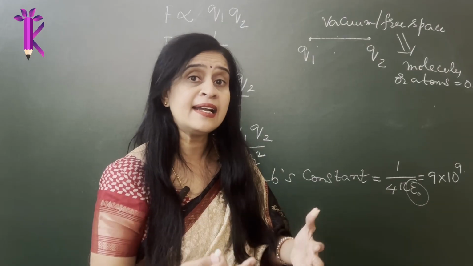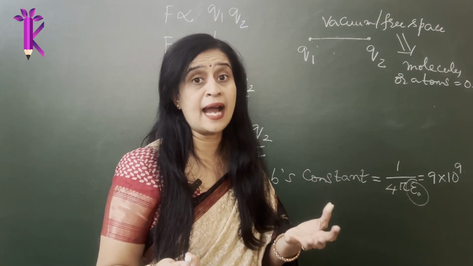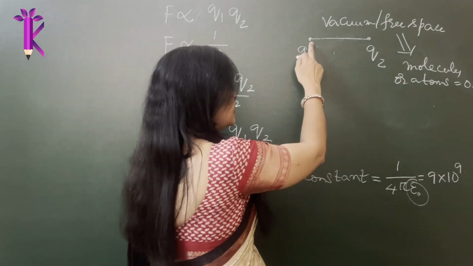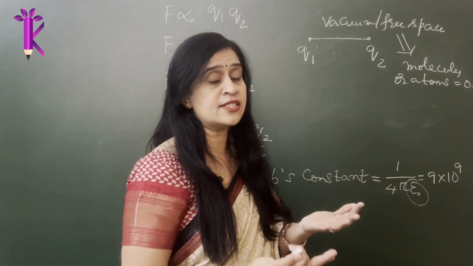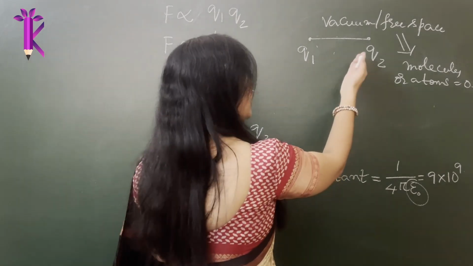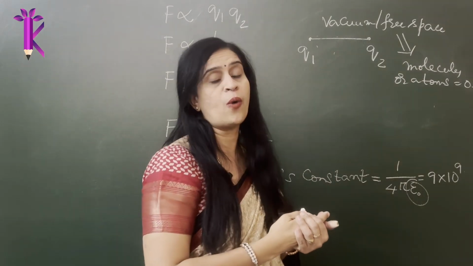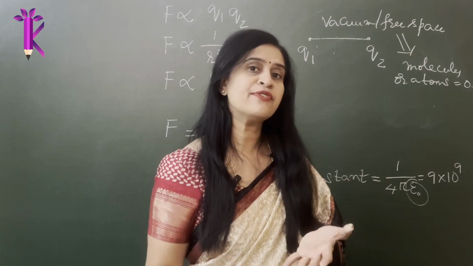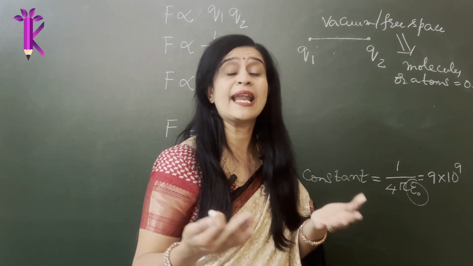So hardly were there any atoms or nuclei to really reduce the amount of force exerted by Q1 on Q2. Q1 will exert its own amount of force on Q2, and Q2 will also exert some amount of force on Q1 according to Newton's third law, right?